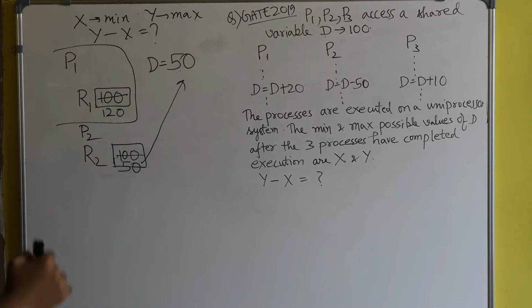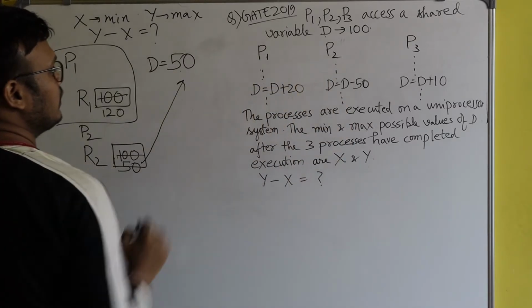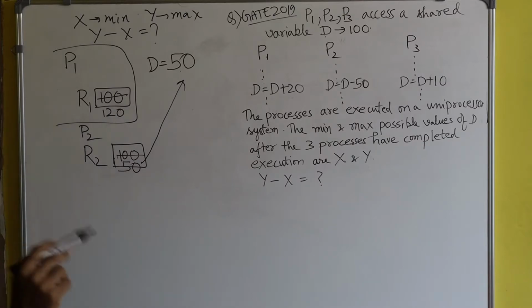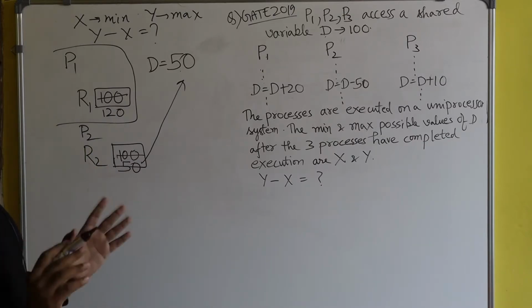Again there is a context switch, and now the CPU is given back to process P1. Process P1 has not yet completed its task.